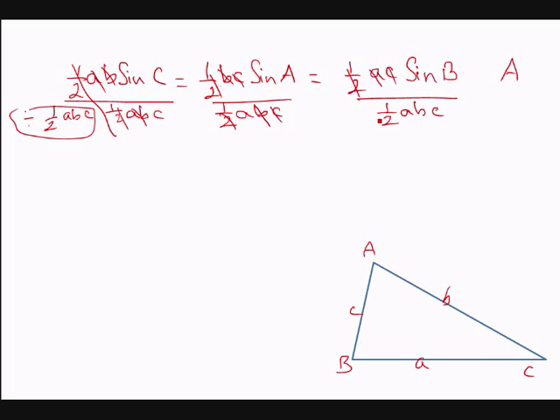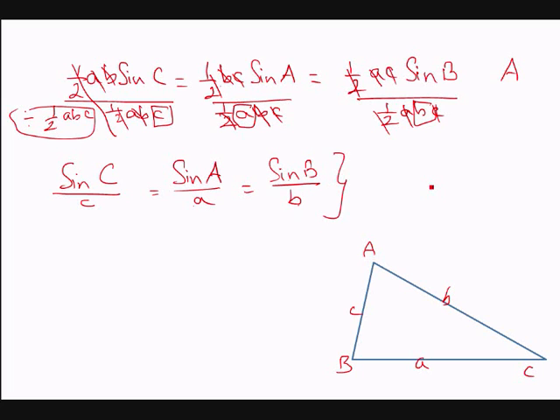I can cancel half AC here. Therefore, in this place I am left with C here, A here and B here. So finally I am getting something like this: sine C over C equals sine A over A equals sine B over B. So it is known as sine rule.